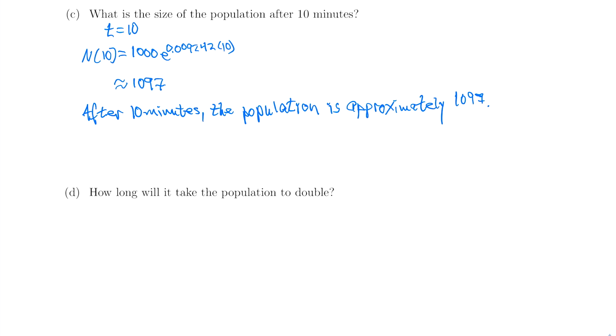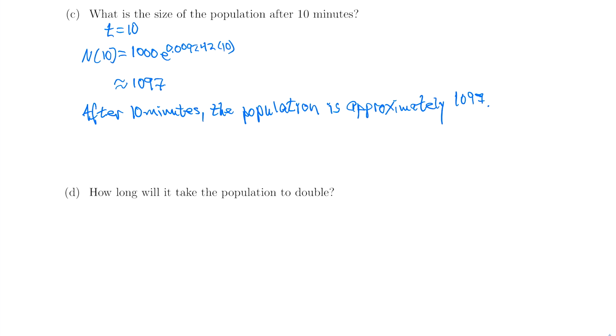We are oftentimes interested in reaching a specific value, or in finding the doubling time if it's growth, or the half time if it's decay. So what does that mean? Well, when we had 1000, we could ask, when does it become 2000?